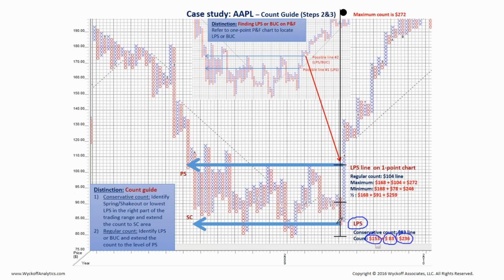Well, the whole point of doing a point and figure chart is that we're establishing a hurdle rate of return. And we always are looking for a minimum 3-to-1 reward to risk. And so we're calculating the reward. By calculating the horizontal count, we're getting a $153 price objective in the base.